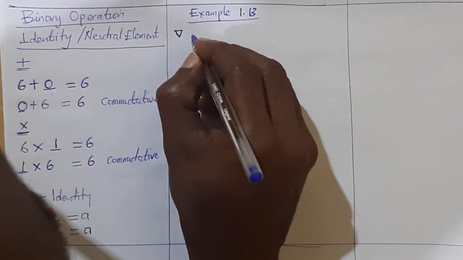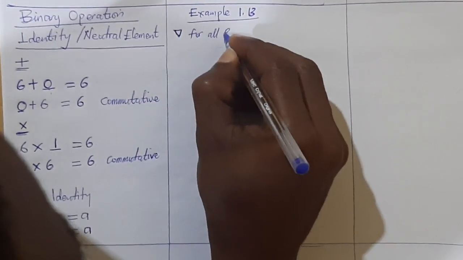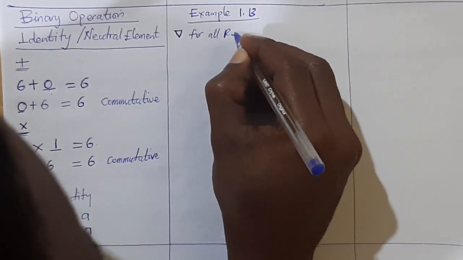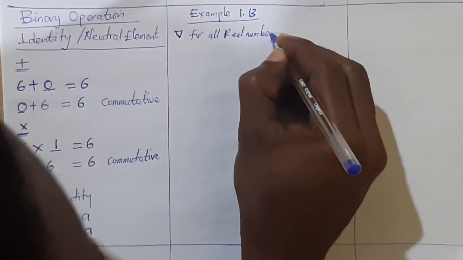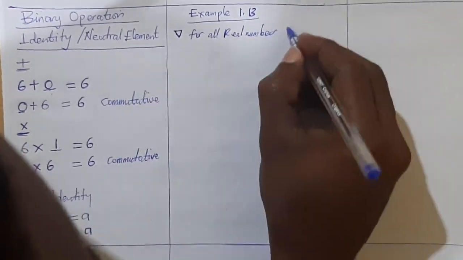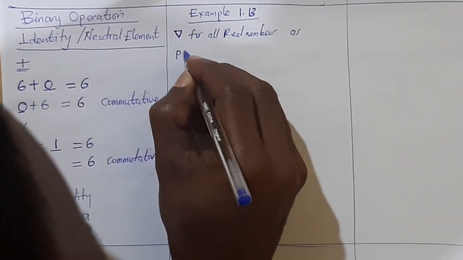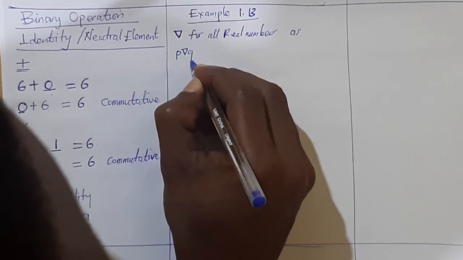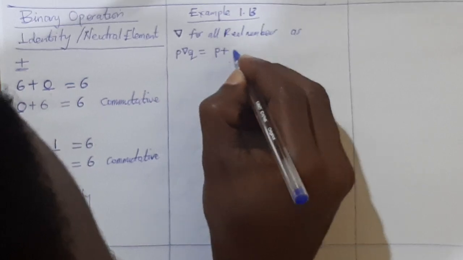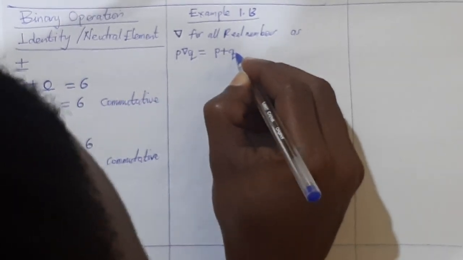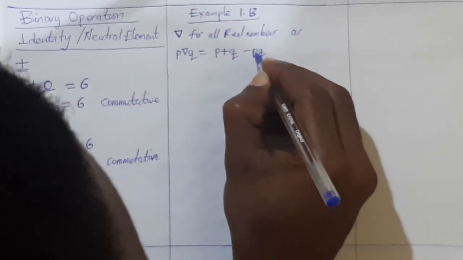For all real numbers, P operation Q is equal to P plus Q minus PQ.